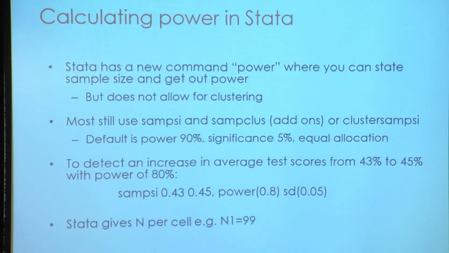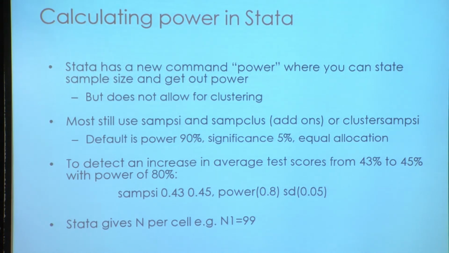SD is the standard deviation, right? So if you're doing it for a continuous variable, you need to specify the standard deviation. And you can do sd1 or sd2 depending on whether you have differences. You can see I get my RAs to do this.